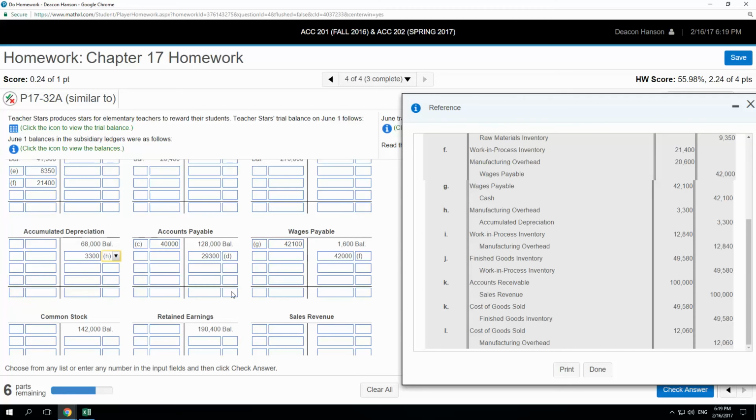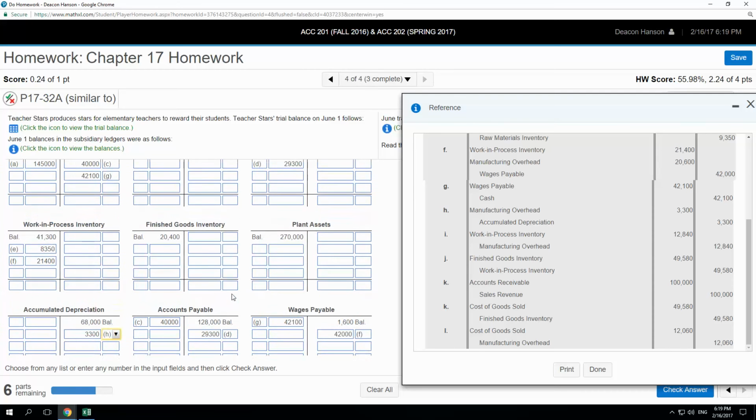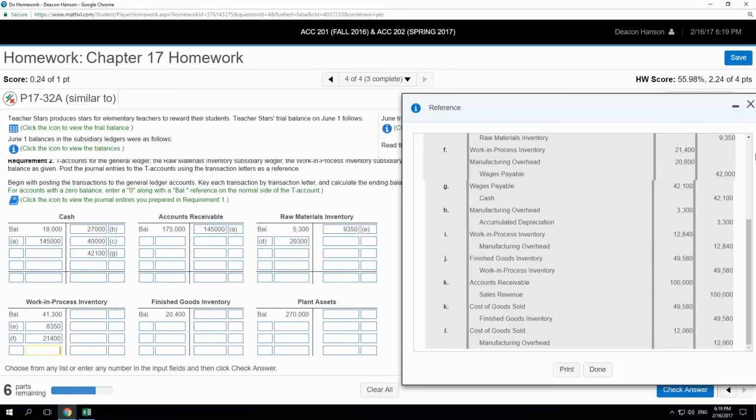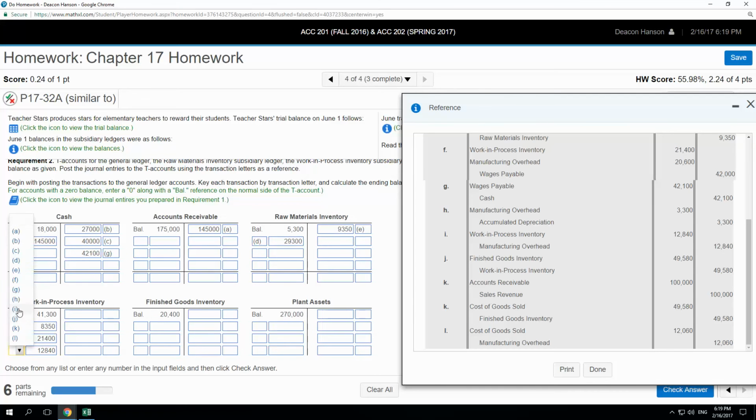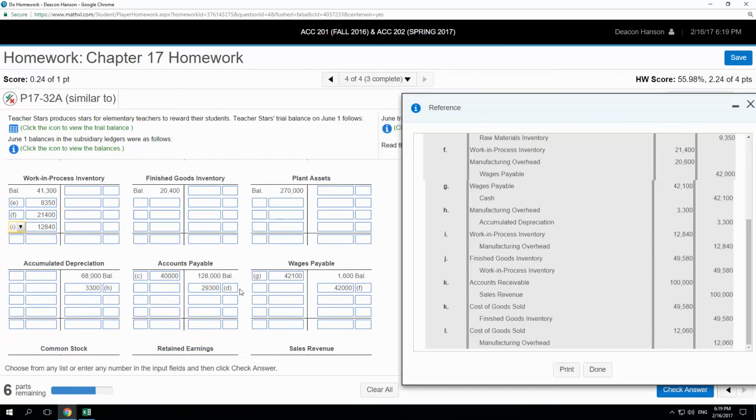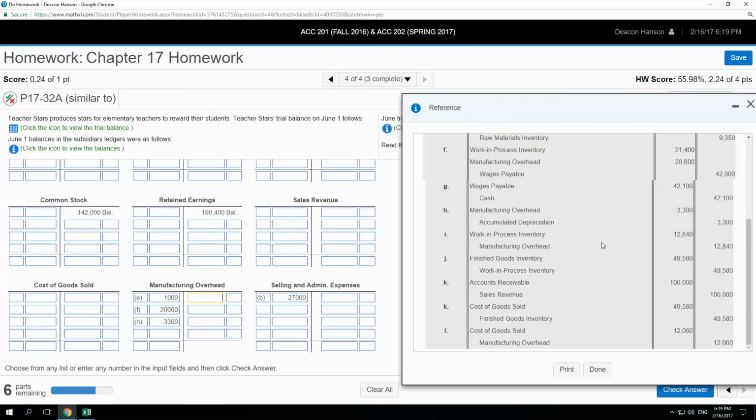I got a debit to work in process of 12,840 and a credit to manufacturing overhead of 12,840.